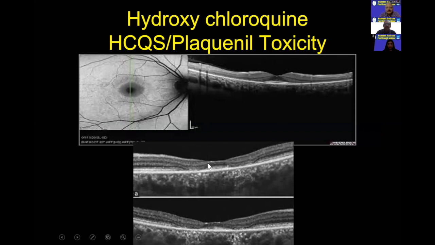OCT is a helpful tool in assessing these changes that may happen in the retina following the use of HCQS, but they happen only on very prolonged use. You can see here that there is loss of external limiting membrane and loss of ellipsoid zone in the parafoveal area. So OCT can be very helpful in assessing these changes of HCQS toxicity.